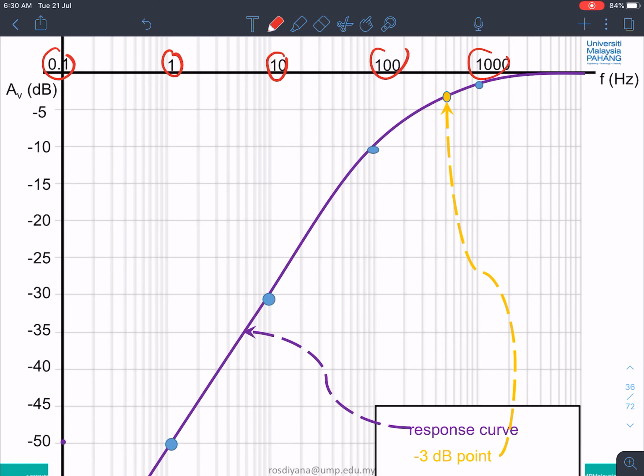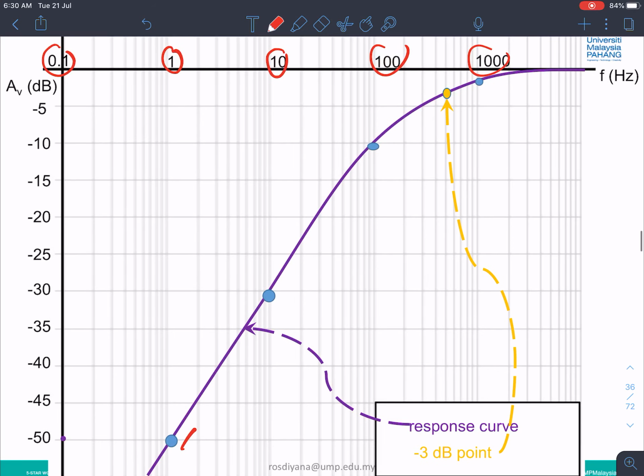At frequency equal to 1, the value is around 50, and at frequency 10, you get around negative 30 dB. For 100, the gain is around negative 10, and 1000 is somewhere here. Then once you get these points, you draw this line. Just draw this side, and at this side it's something like this.